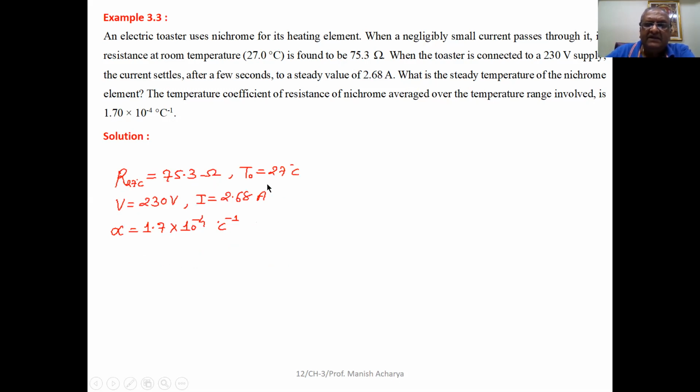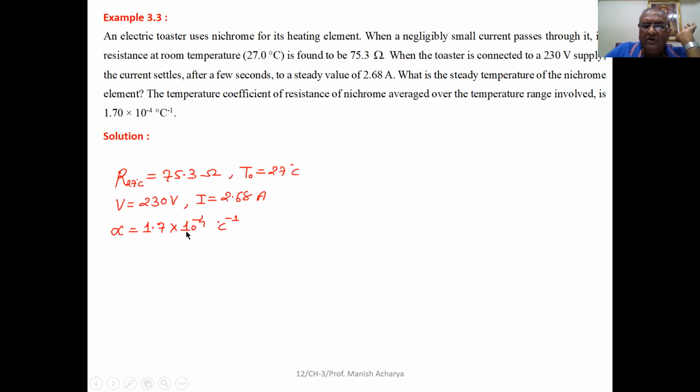So we can consider 27 degrees Celsius as the reference temperature. Now, supply voltage is 230 volt, and the steady current is 2.68 ampere. We want to find the temperature of the nichrome element.